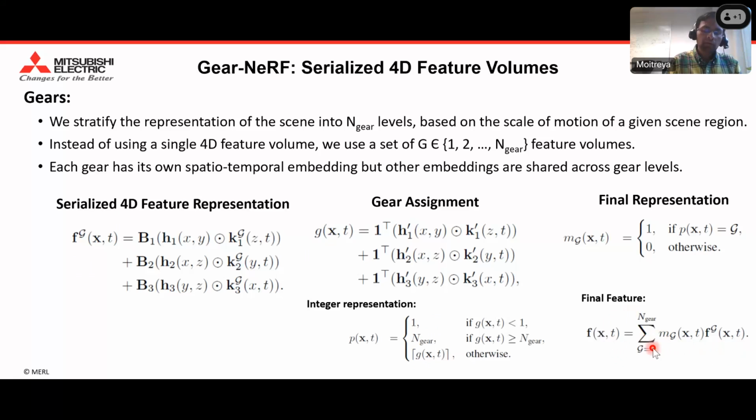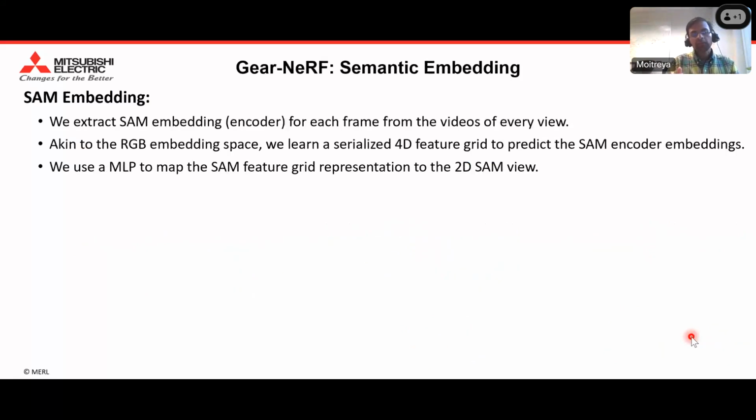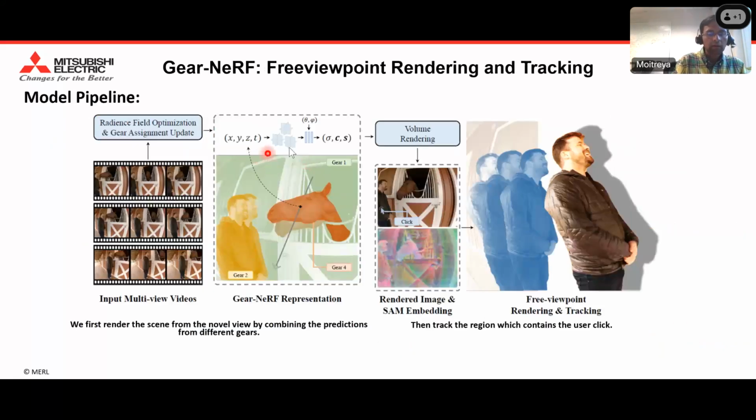Now this will give you a rendering for the RGB part, but we can also do the same thing for the SAM part. Recall that, as I showed here, our network, different from a standard NeRF, can not only spit out the color, but also the SAM segmentation encoding.